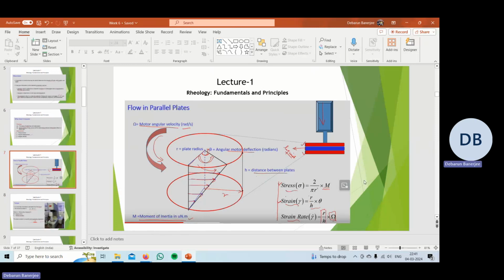Then stress, sigma, equals 2 by pi r cube into M, where M is the torque in micronewton meter. Strain equals r by h into theta. And strain rate is r by h into omega, where omega is the motor angular velocity.